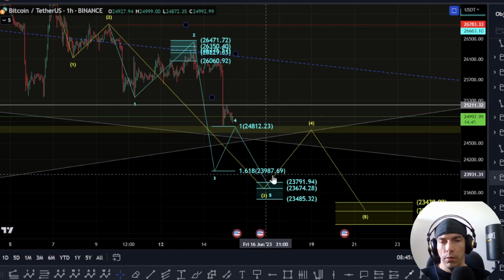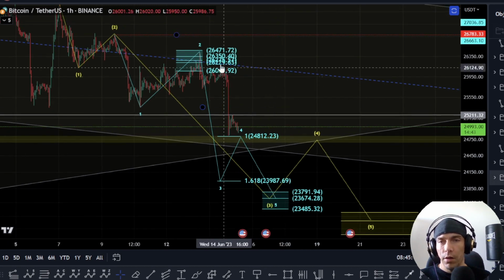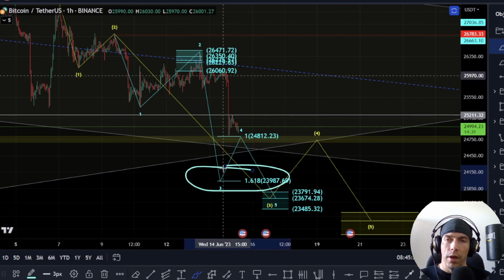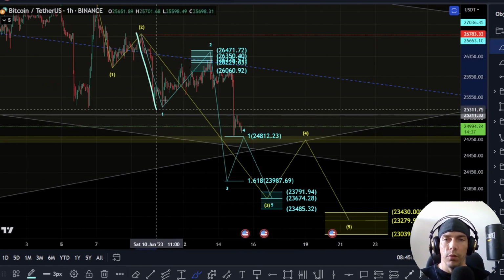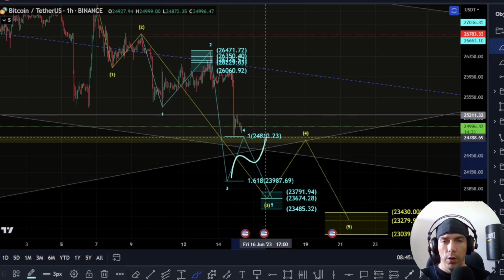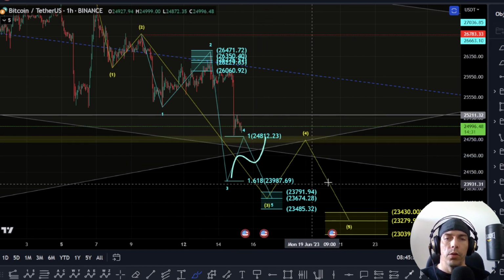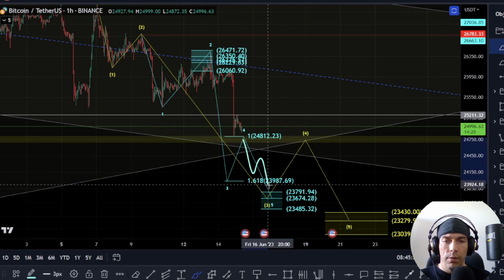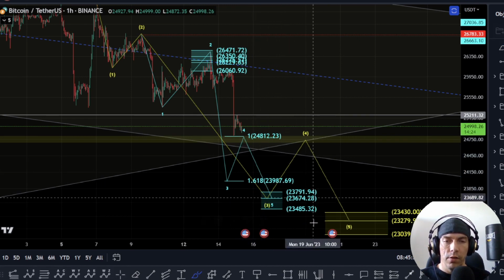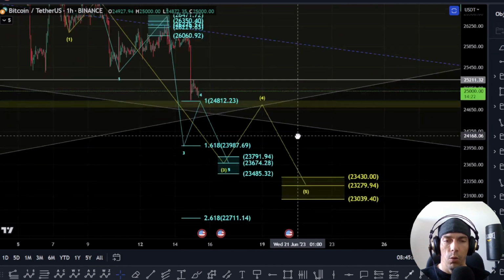Moving down into this 23,987 area directly from here would indicate to me that we are looking for this as a bigger 5-wave move, where this becomes 1, 2, 3, and then what we'd be looking for would be a 4th wave bringing us back up towards this 24,800 level, and then an additional 5th wave to the downside, looking to potentially target this 23,791 to this 23,485.